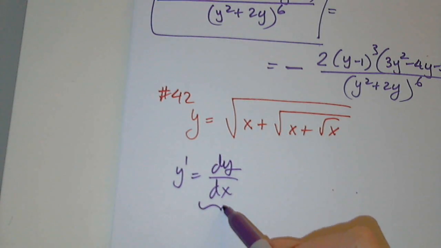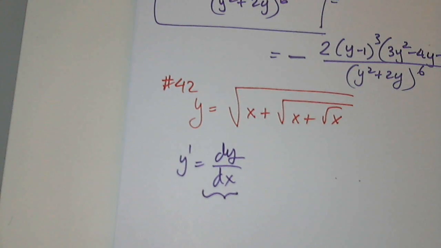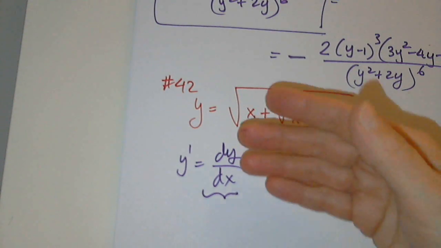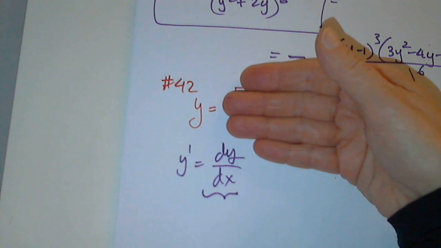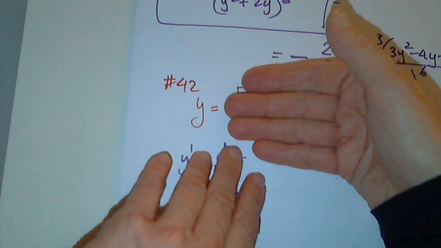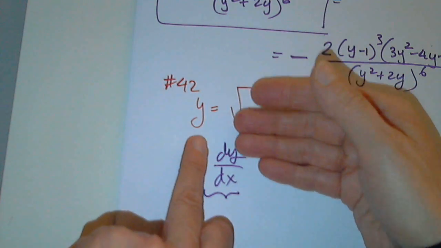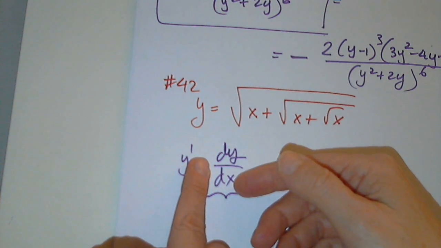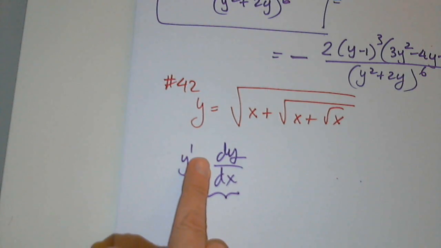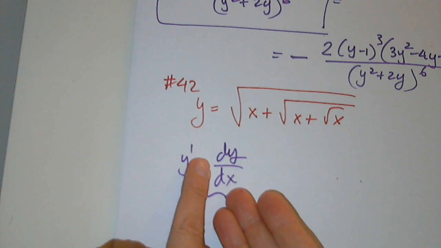Why do you think this is important notation? I kind of mentioned it a few minutes ago. If I'm given y and I don't look here, I really don't know what is the independent variable in y. But if I ask you to find dy over dx, now you know exactly what the independent variable in y is, because I'm differentiating with respect to it.